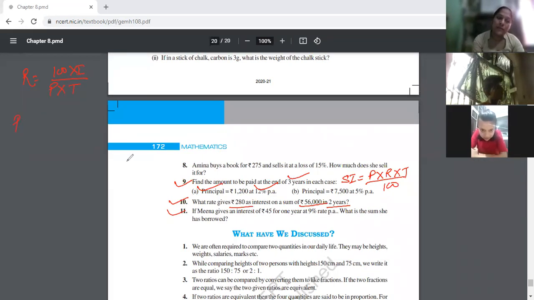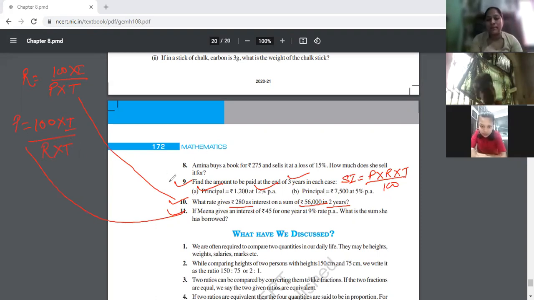And the formula for principal is 100 into interest upon rate into time. ये तीनों फॉर्मूला लगेंगे 9th क्वेश्चन में, 10th क्वेश्चन में एंड 11th क्वेश्चन में.